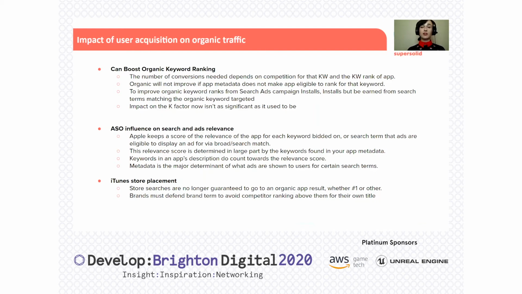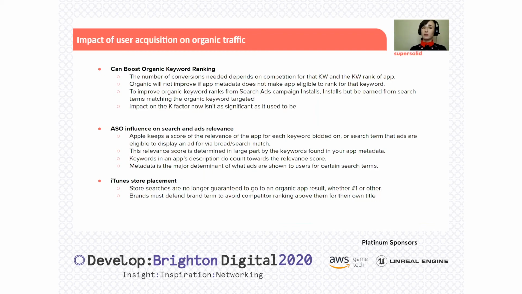So, ASO influence on search and ads relevance. Apple keeps a score of the relevance of the app for each keyword bid on, and for that search term, the ads are eligible to be displayed, or via broad search match. This relevance is determined in part by keywords found in your app metadata.